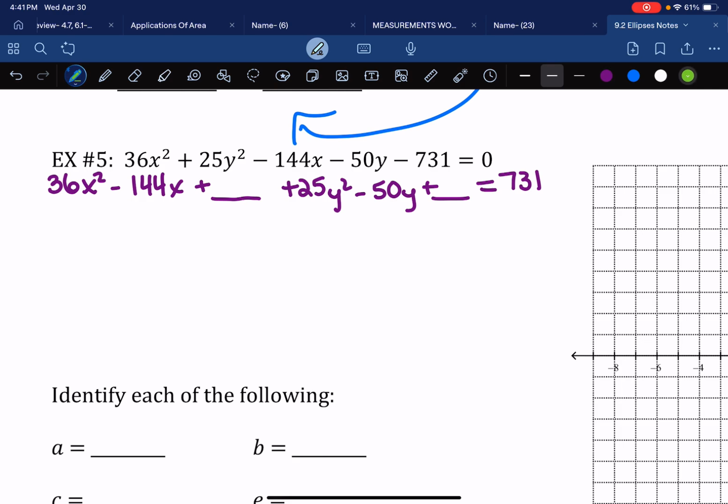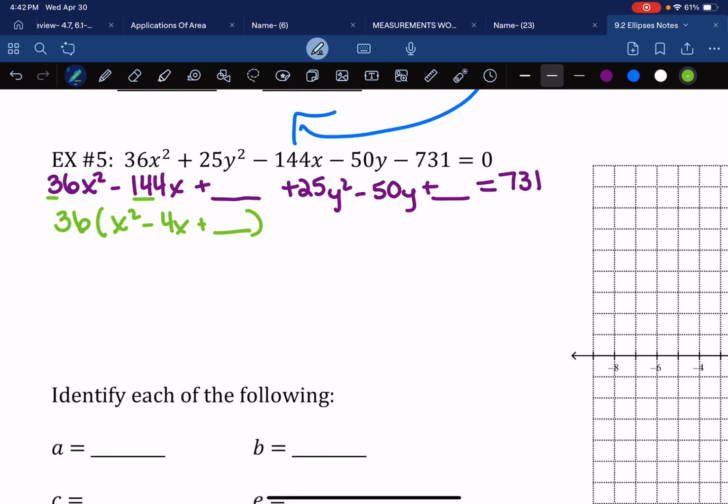All right. Now, let's take out what these things have in common. So they both have a 36. I'm left with x squared minus 4x plus something silly.